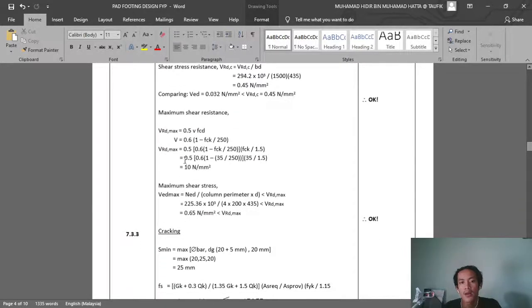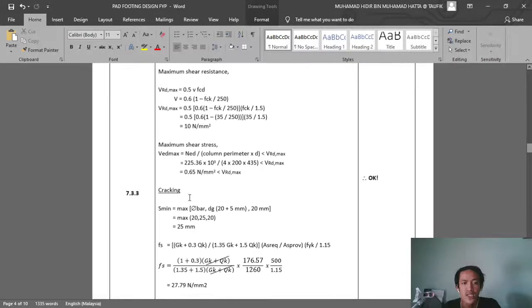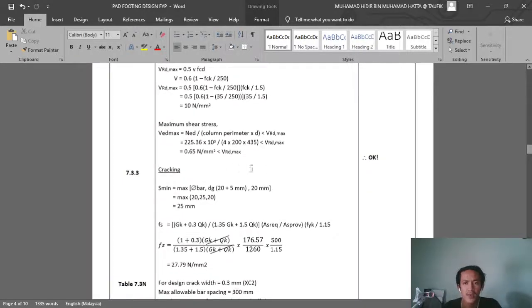And then we need to calculate the maximum shear resistance VRD max using this formula. Okay, so we get 10. And then we calculate the maximum shear stress, VED max. Okay, and then we got 0.65.